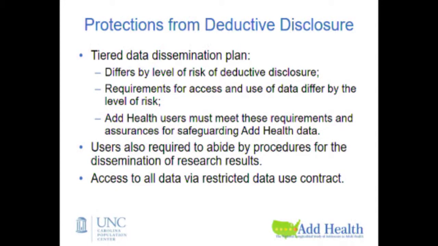So we have this sort of tiered dissemination plan. This is how we let users use the data, including ourselves. The requirements differ by the risk of deductive disclosure. And then the users have to meet these requirements and assurances for safeguarding.